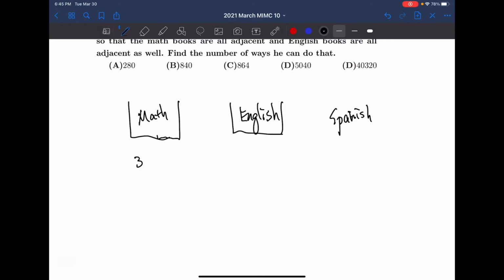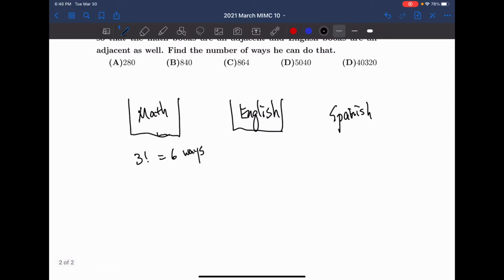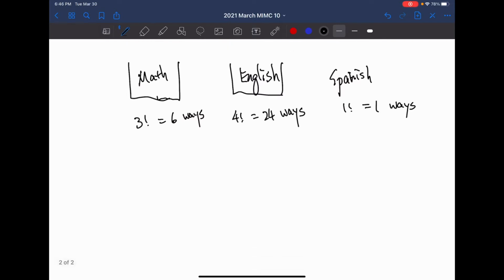So that will be 3 factorial, or 6 ways. Within the English box, there will be 4 books. Therefore, it will be 4 factorial, or 24 ways to rearrange them. And the Spanish book would just be 1 factorial, which is just 1. We don't need to write that out necessarily.